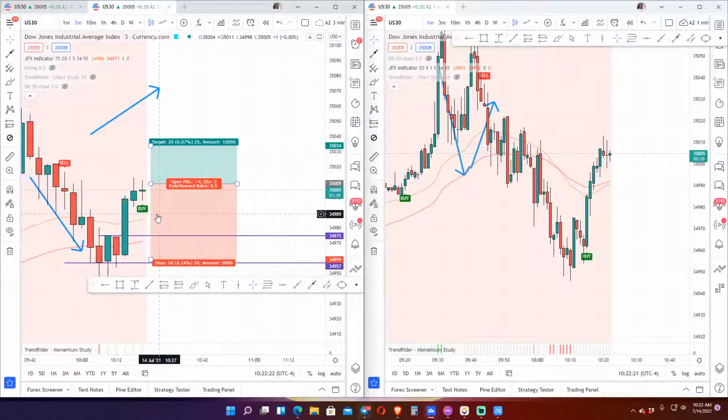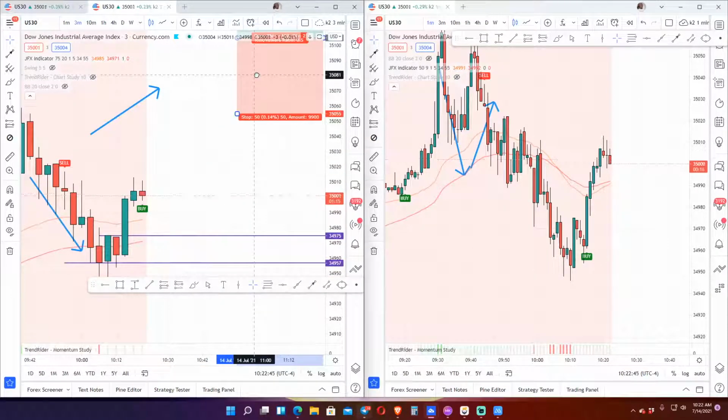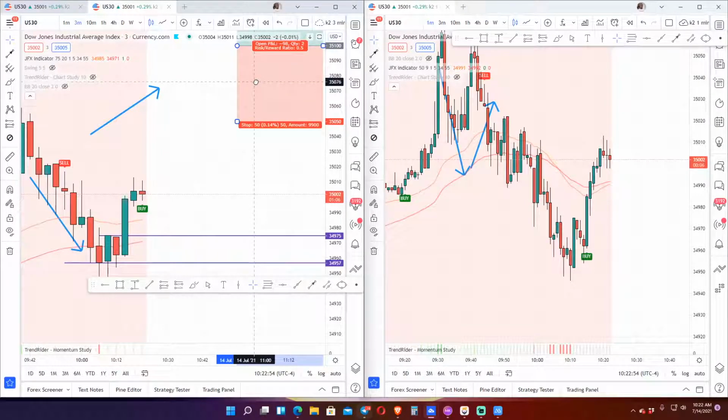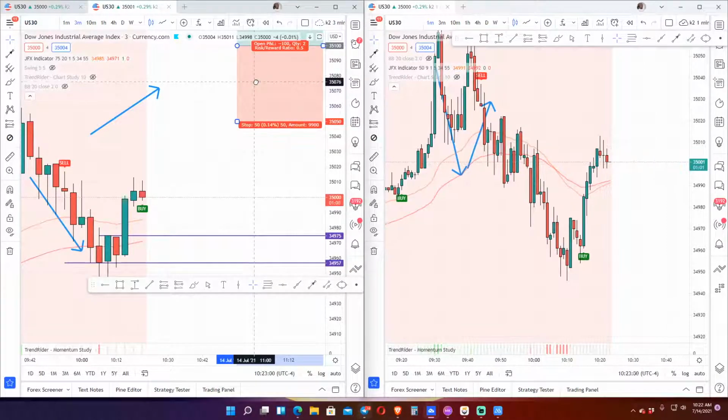So this market is very undecided right now. All right, so we basically got 1 minute until this candle closes.